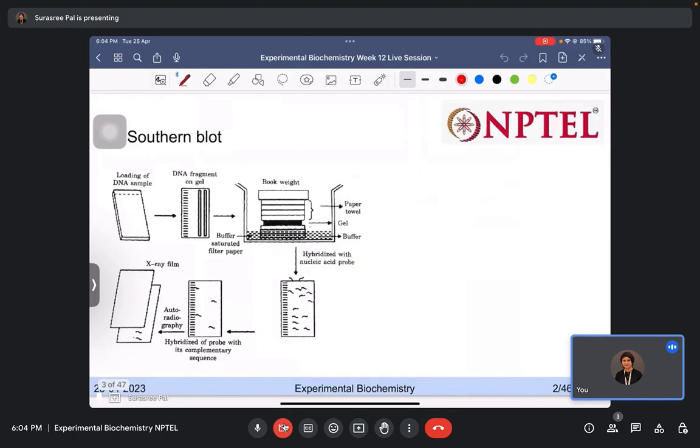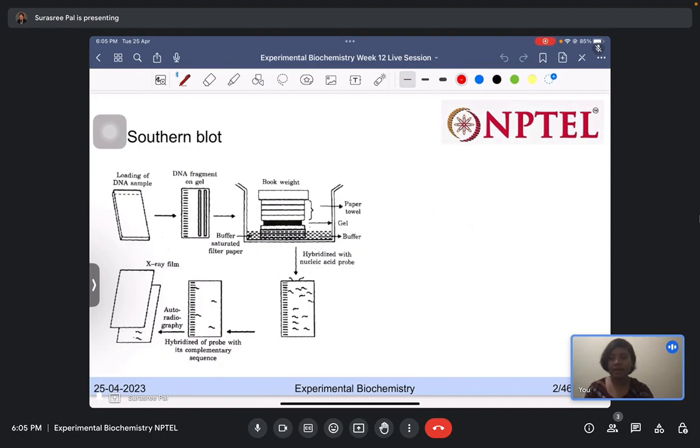So let's begin. The first immunoassay technique that we are going to discuss today is southern blot. So what is southern blot?